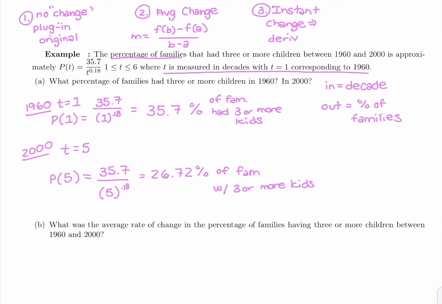Do those answers make sense? I would double check that before moving on. Of course, if we got an answer over 100, that can't be right. More than 100%. Also, our answers seem reasonable. There were about 36% of families with 3 or more kids in 1960 compared to about 27% in 2000. That makes sense to me because the cost of living is going up.